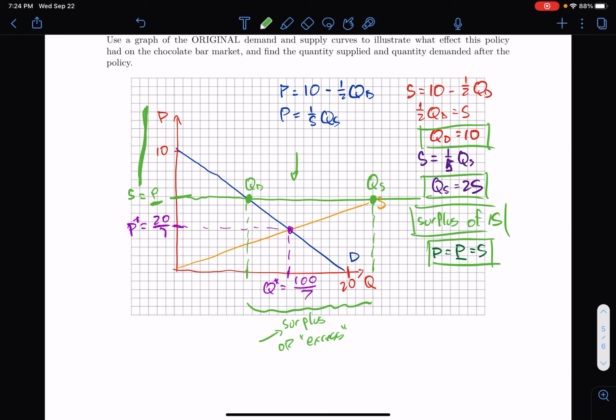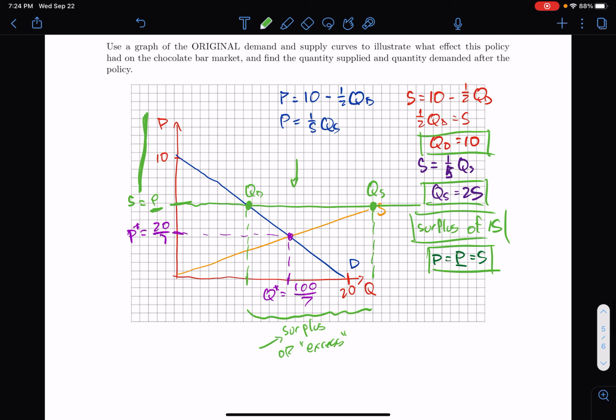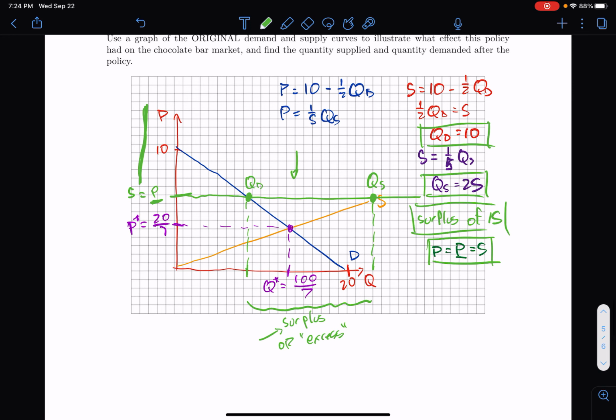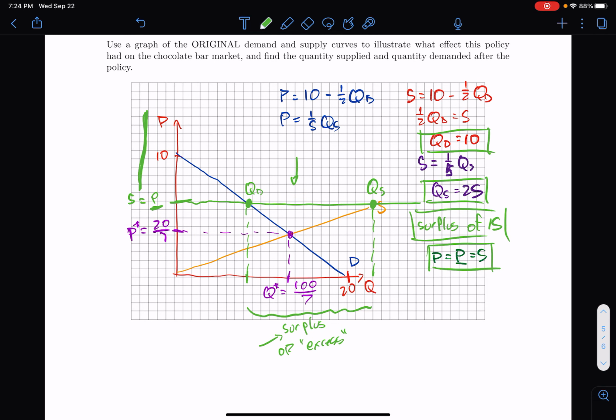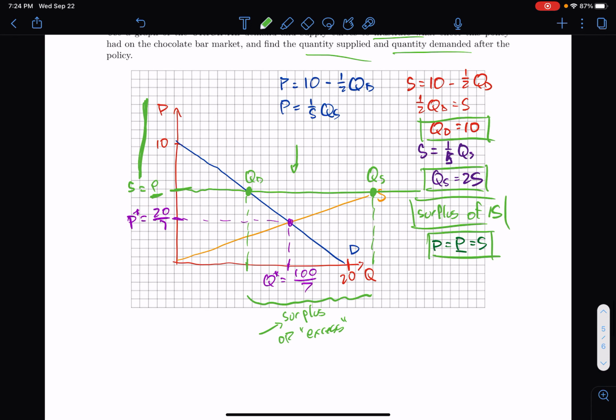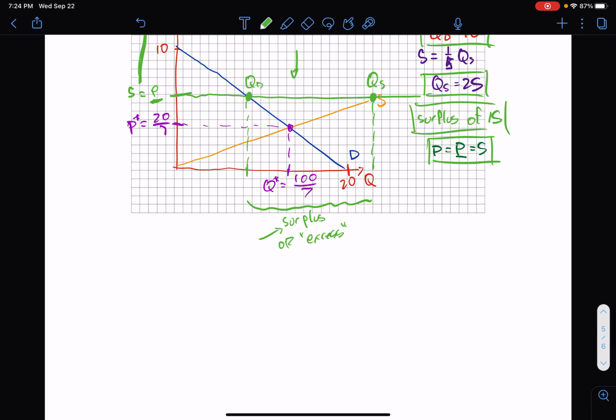Okay. So we've found quantity supplied and quantity demanded after the policy, and we've illustrated the effect the policy had on the market. But we can maybe write a sentence here, just describing what we've seen.